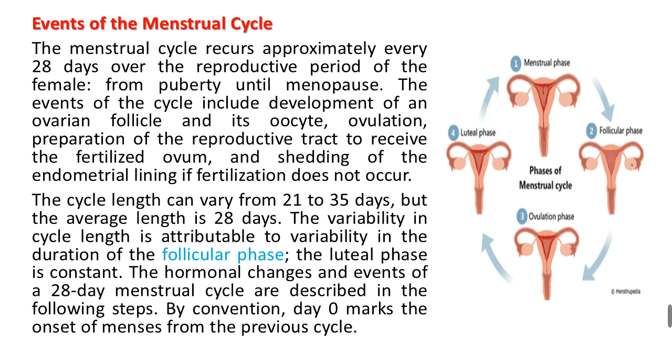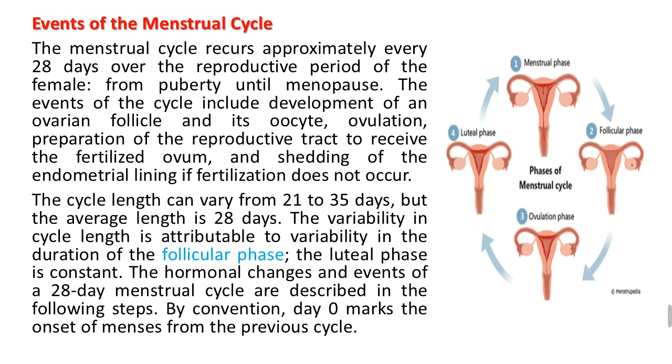What happens during the menstrual cycle? The menstrual cycle usually recurs approximately every 28 days over the reproductive period of the female, from puberty until menopause.